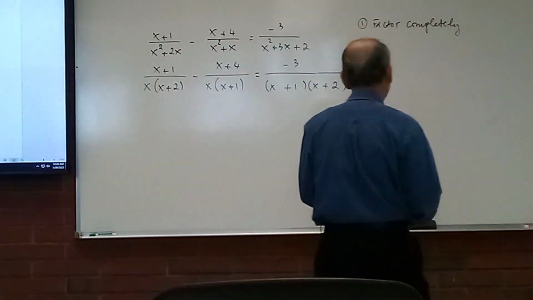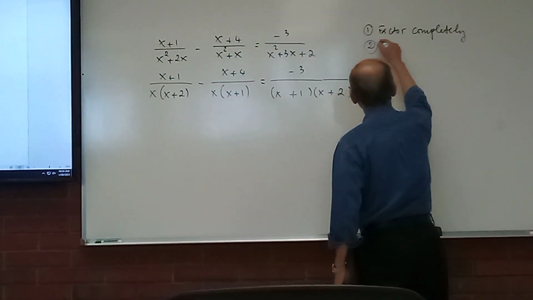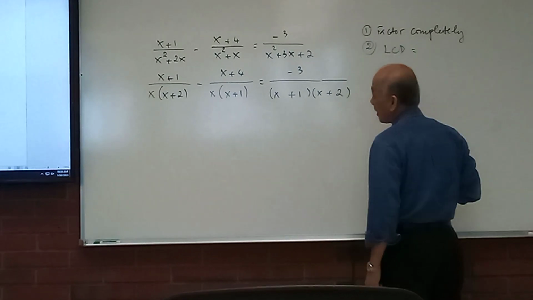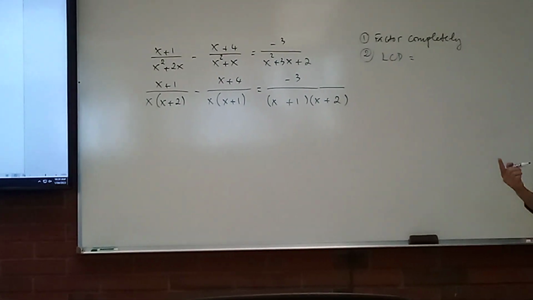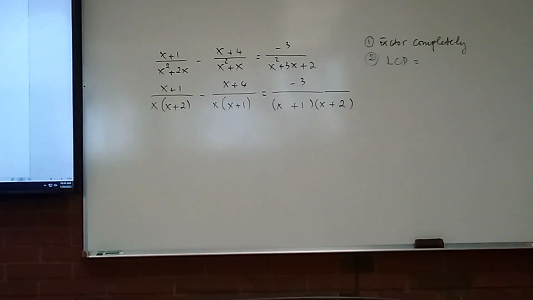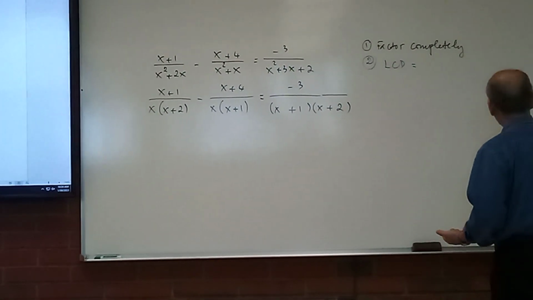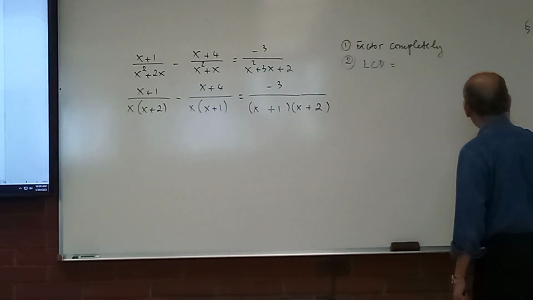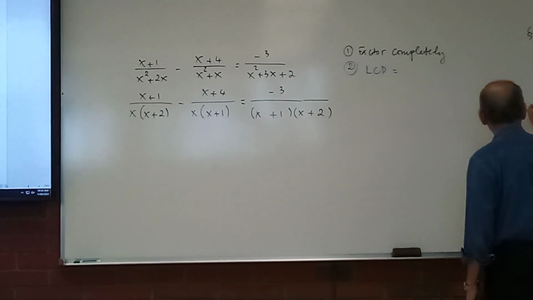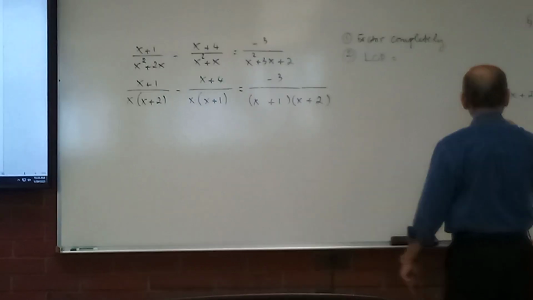What is LCD? Some students are able to do that directly, but if you can't, just do like the one from the first few days or few meetings. You just write x plus 2. That's the top one.